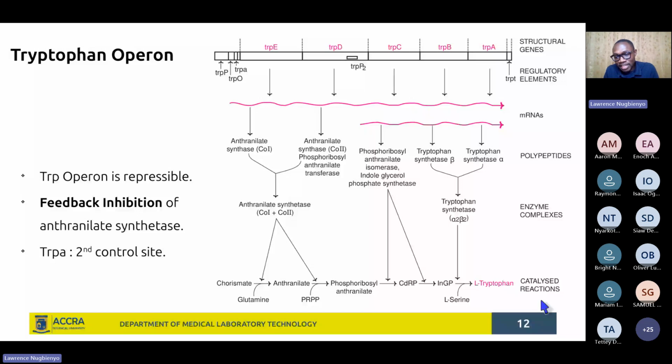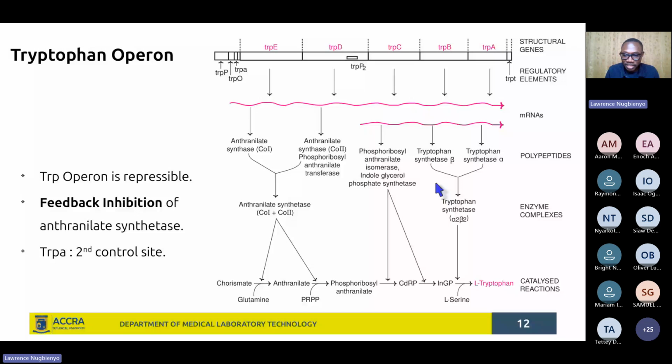And what is the end product of the reaction? Tryptophan, an amino acid. It means it is the process of synthesis of tryptophan that the gene is controlling. So that you have different proteins that are produced from that gene.